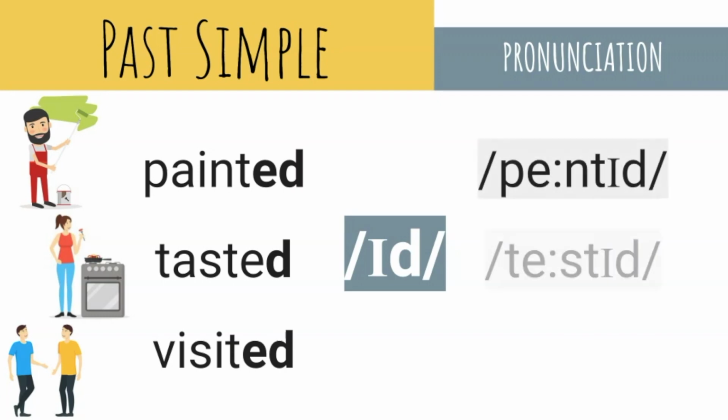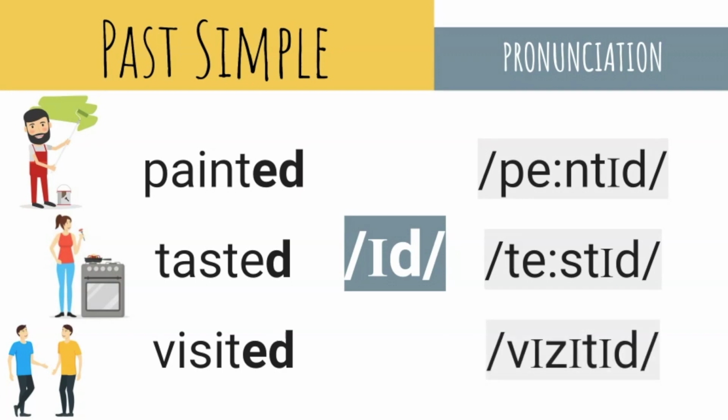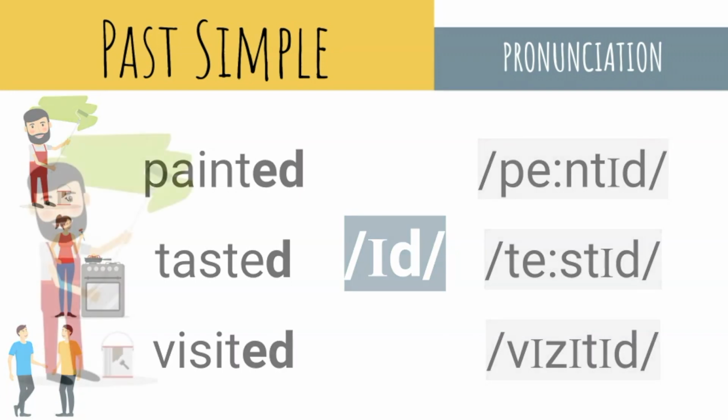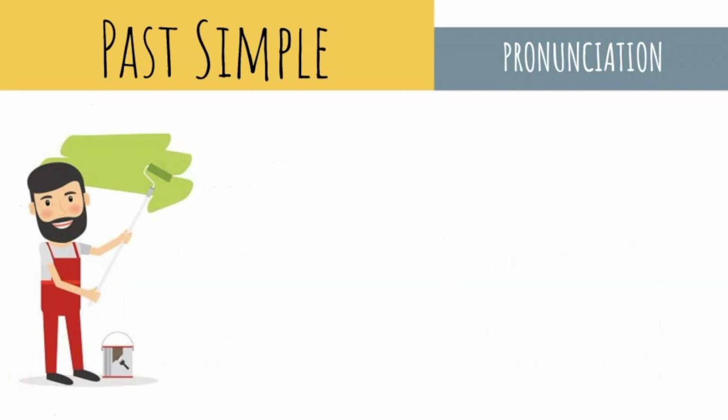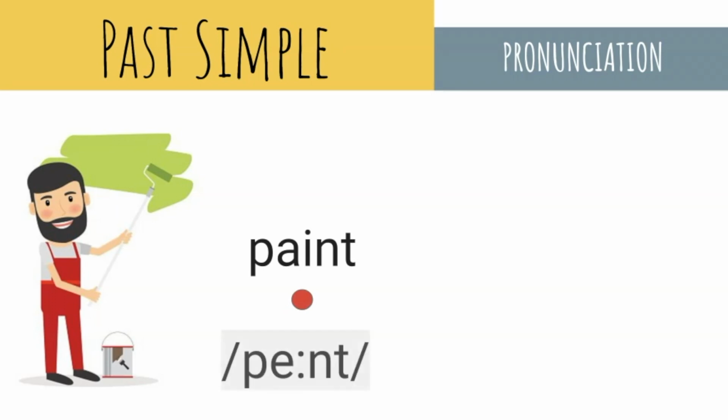Painted, tasted, visited. Let's look at an example in more detail. Paint. Paint is one syllable.